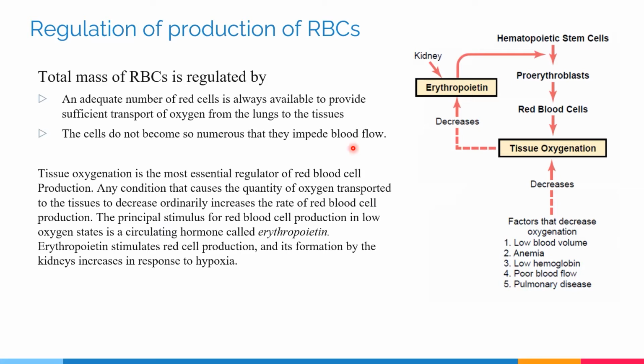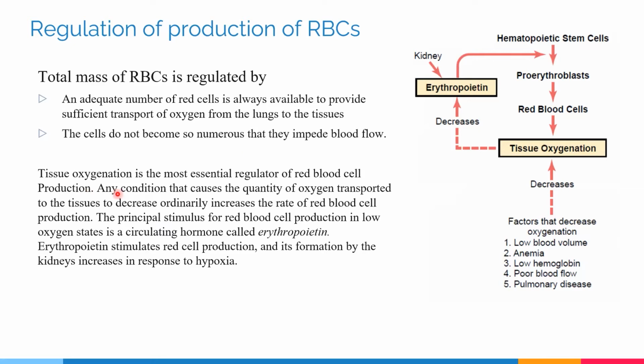But if there are a lot of RBCs present, then they can impede or jam these small capillaries, and thus oxygen transfer to that particular tissue may be inhibited. In such a case, the amount of RBCs generated is lower, so that such a blockading or impeding of the blood flow does not occur.